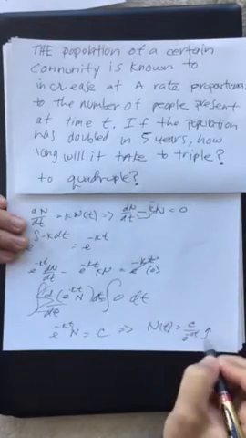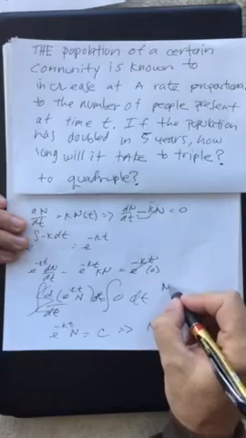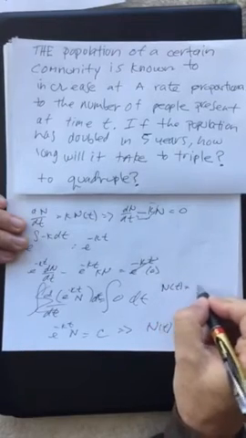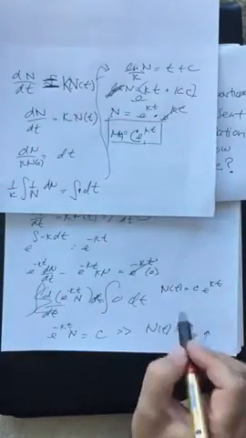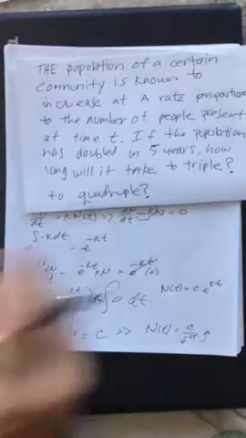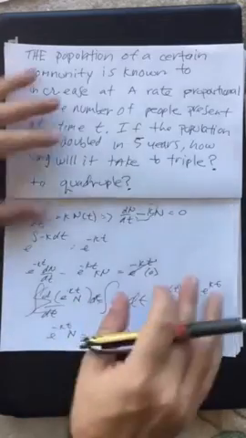Negative kt goes up, and you have N as a function of t equals c e to the kt. And that's the same as this. So I did it two different ways.